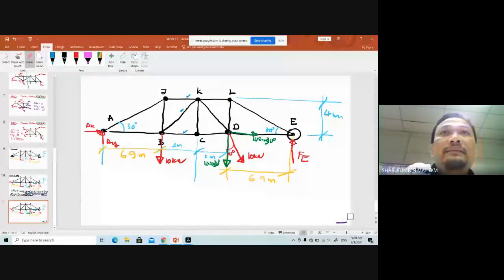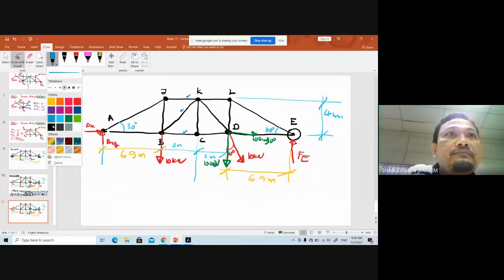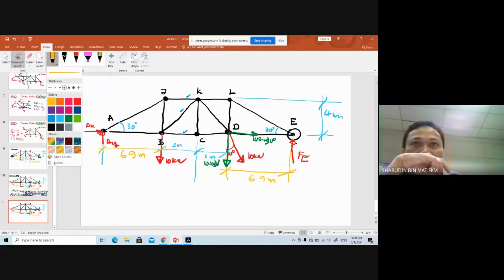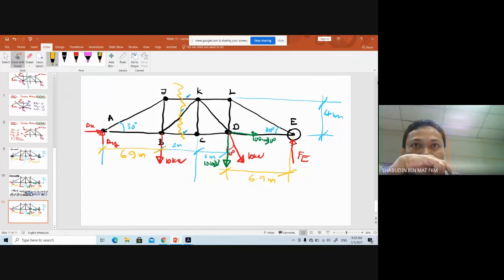Okay, you do the section method when you cut in the middle of that truss structure. You cut here. Cut it there.